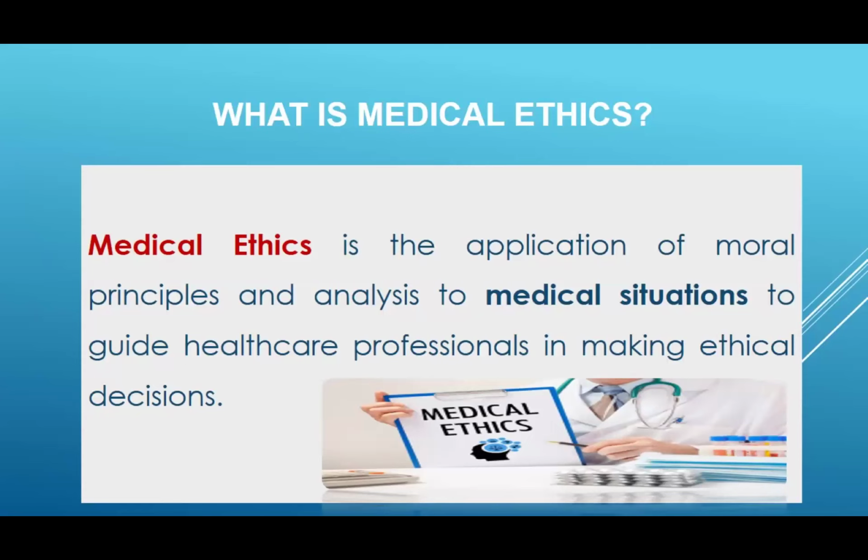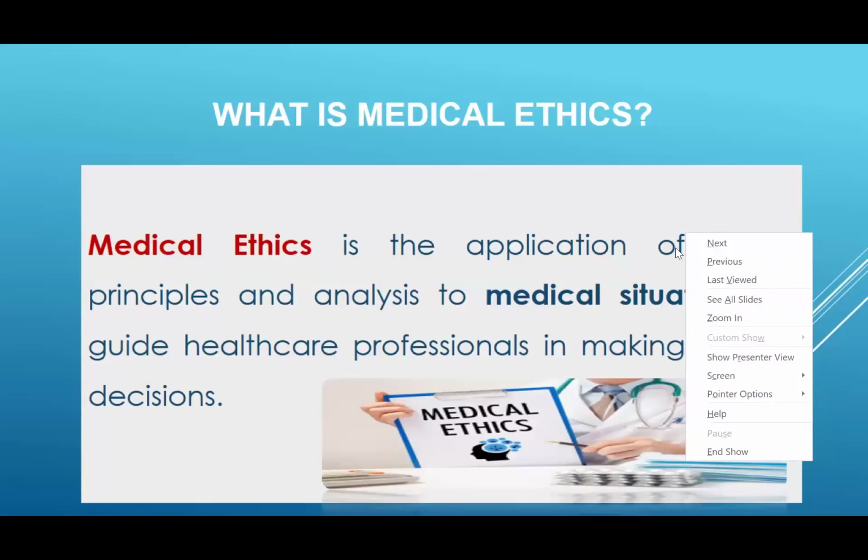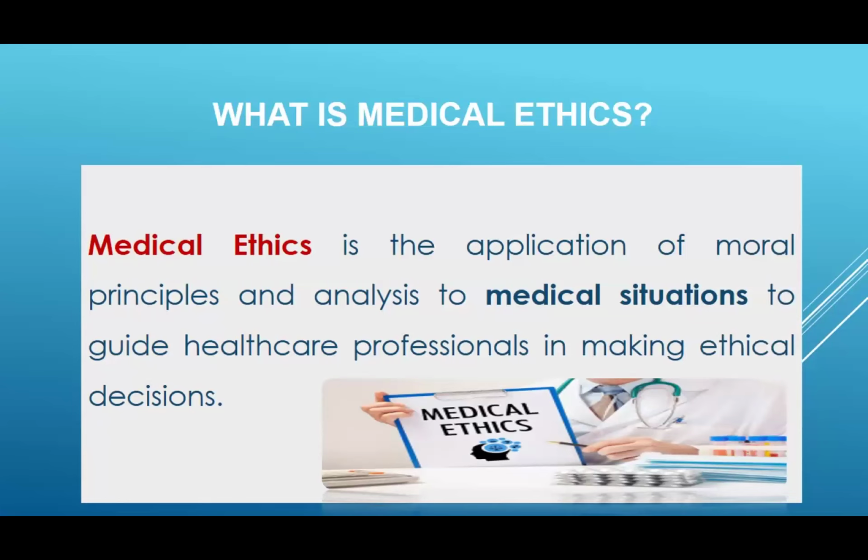For example, the doctor-patient relationship, the doctor and his colleagues relationship, the doctor and the society relationship, the autonomy of patients, how to manage the autonomy of the patient, the competence and capacity to make decisions by the patients, the issues related to informed consent, issues related to confidentiality and medical records, end-of-life issues, reproductive issues, organ and tissue donations, the issues related to reportable illness, HIV-related issues, sexually transmitted diseases, malpractice, experimentation, and research ethics.